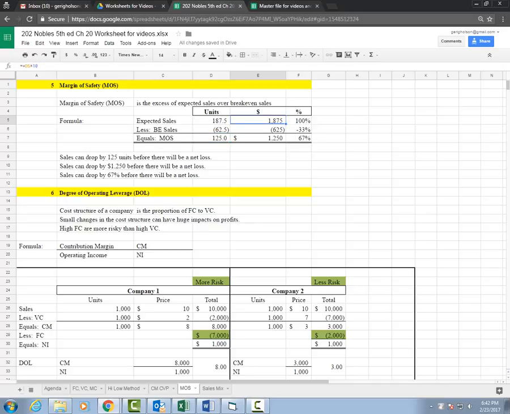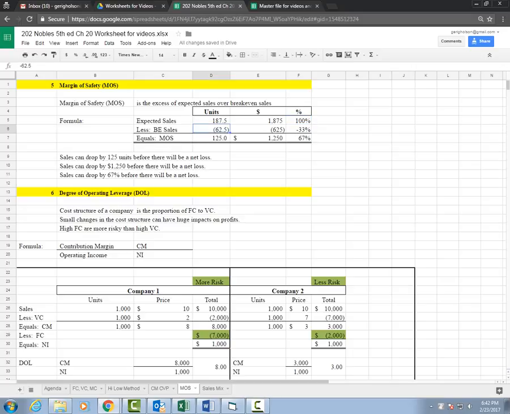So sales dollars would be $1,875 minus $625 gives us 1,250 sales dollars that can drop before we have a net loss. If we put it in percentages, the expected sales will always be 100%.